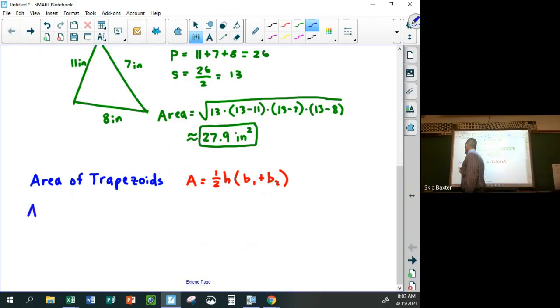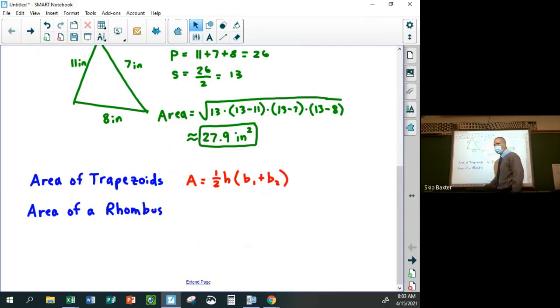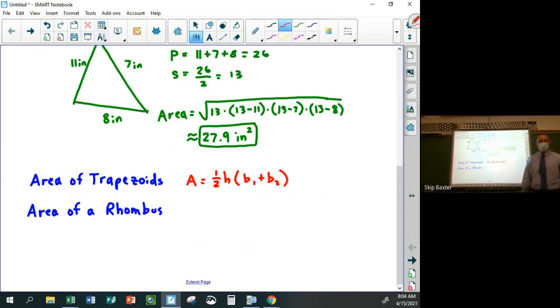Then we did area of a rhombus. What's the formula for that? Anybody remember? Yeah, a half, D1 times D2. You multiply the diagonals together and you divide by 2.